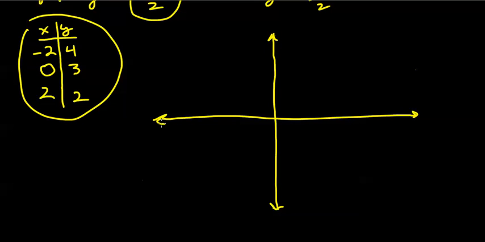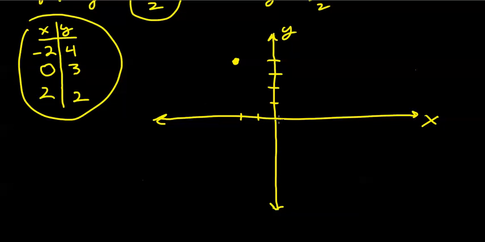Of course, doing homework on graph paper will make things a great deal easier for you. Alright, so let me graph these 3 points. When x is minus 2, y is positive 4. So that puts me about here in the xy plane. Oh, I really should label these axes, of course.